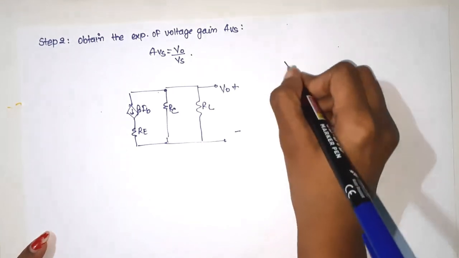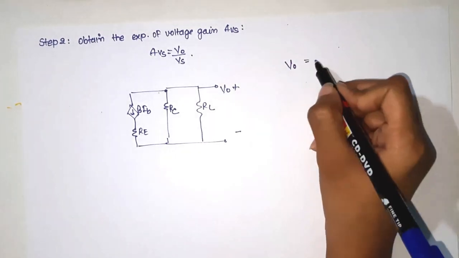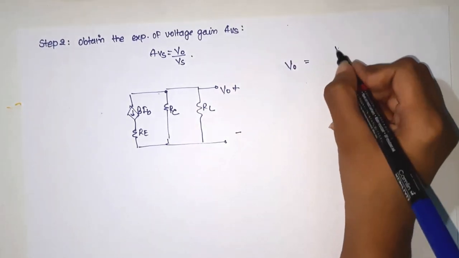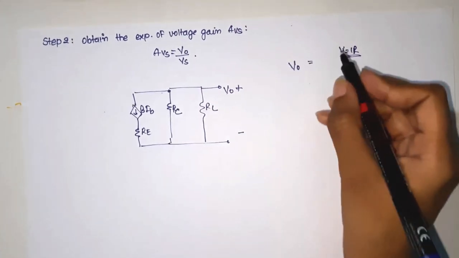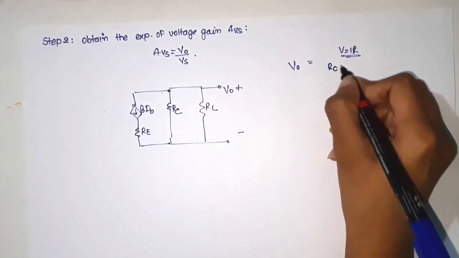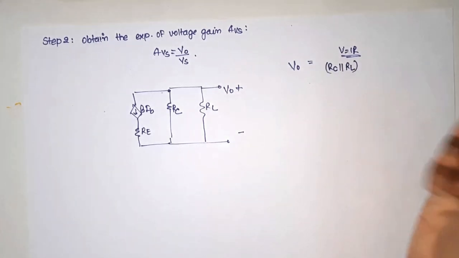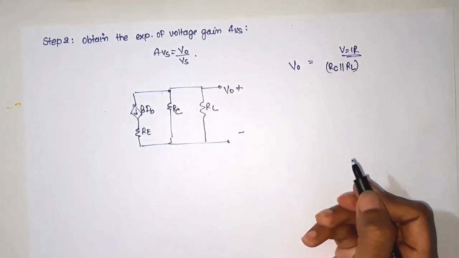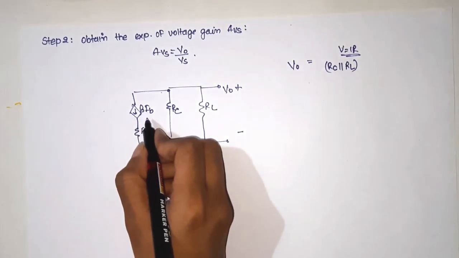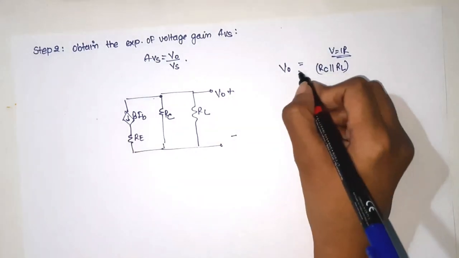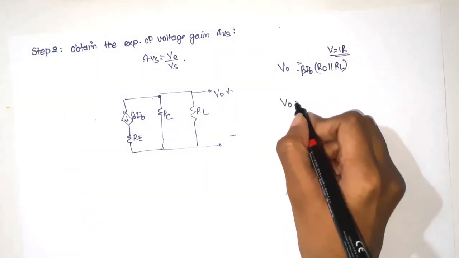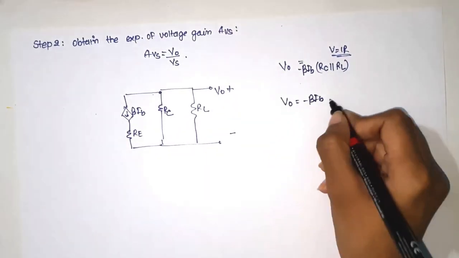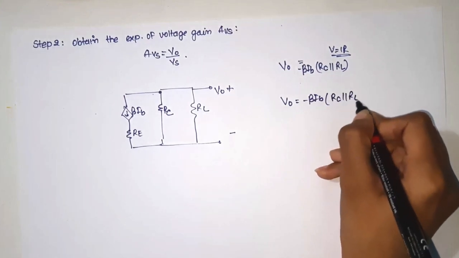To calculate the value of VO, that is the output voltage, again V is equal to IR. The resistances that we can see here are RC and RL connected in parallel, so RC parallel RL. The current that we see here is beta times IB flowing downwards, which is the reason for the minus sign. So the value of VO, the output voltage, is minus beta times IB into RC parallel RL.